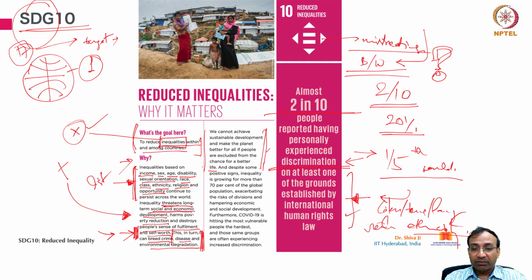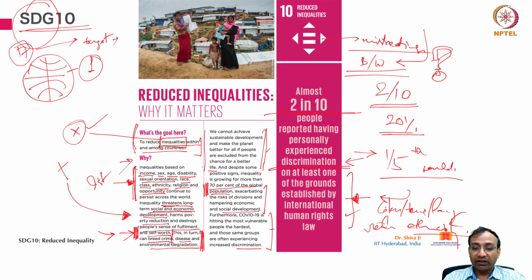Right? And despite some positive signs, inequality is growing for more than 70% of the global population. Unfortunately, it appears to be increasing, exacerbating the risk of divisions and hampering economic and social development. Furthermore, COVID-19 is hitting the most vulnerable people the hardest, and those among the same groups are often experiencing increased discrimination.